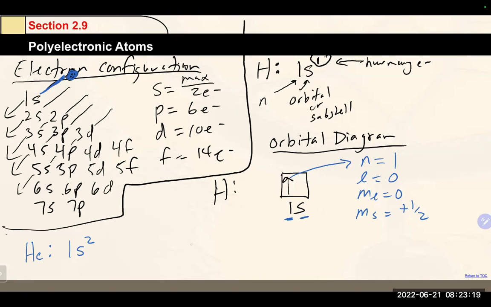This means that if we were to do our orbital diagram here for helium, we basically have a couple of options. We would put our first electron in, and then perhaps we could put our second electron in like that. Or we could do maybe our first electron up and our second electron down.